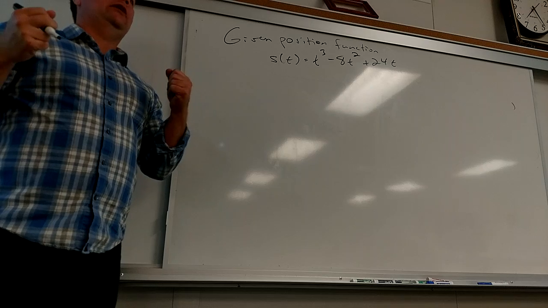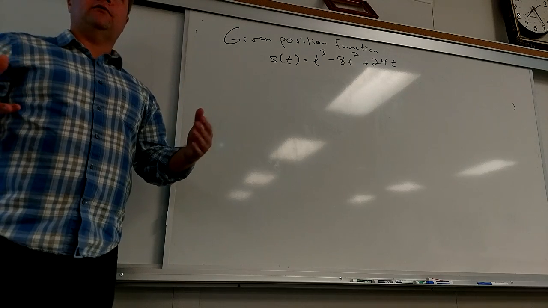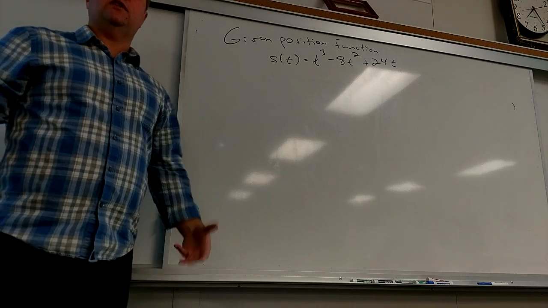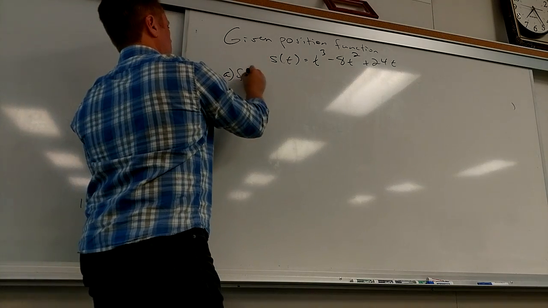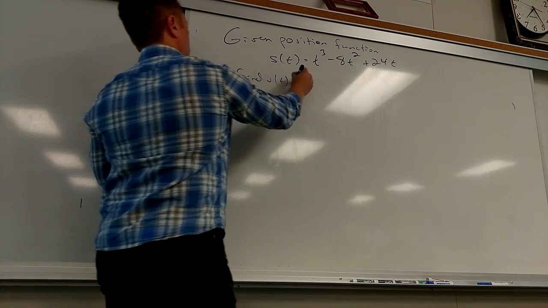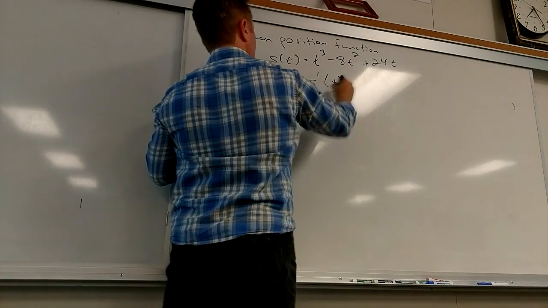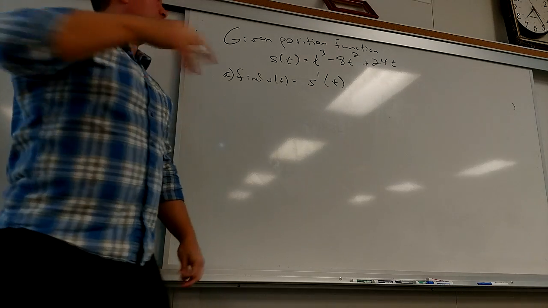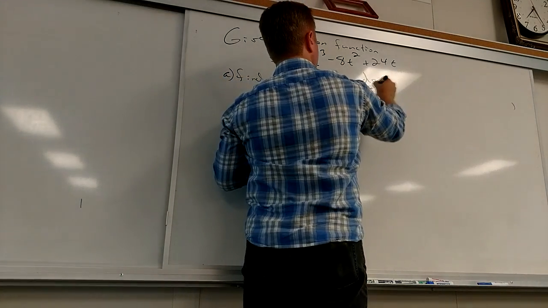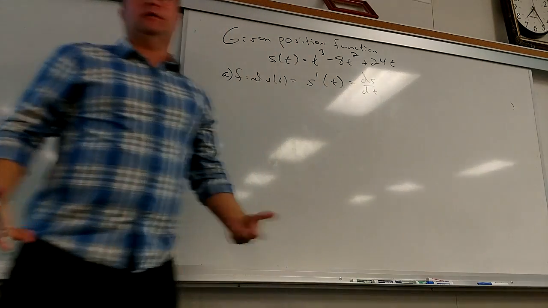Now, how do I find the function that represents the velocity of this thing? A, find v of t. Well, that's equal to s prime, right? Because velocity is change in position per time, so it is ds/dt. That's velocity.